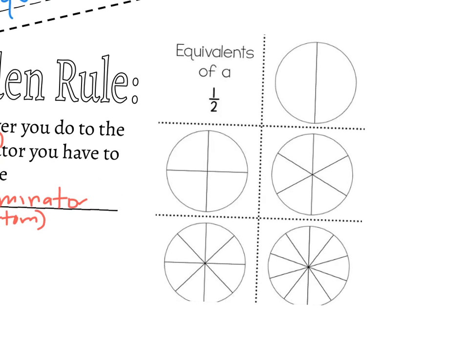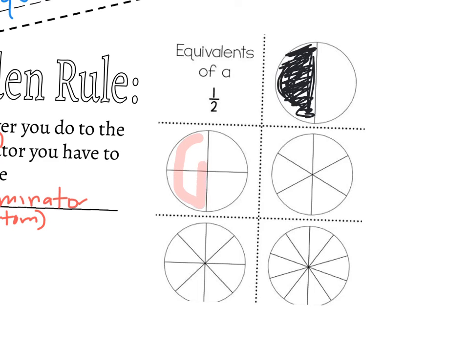So here we have some different circles and how they are split up. And we are just going to represent all of the equal fractions to 1/2. So here I am just going to shade in half of the circle each time. So here we have 1/2.